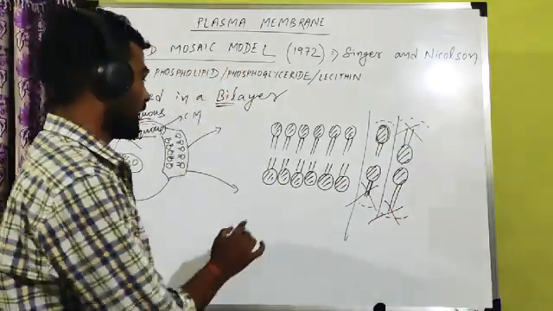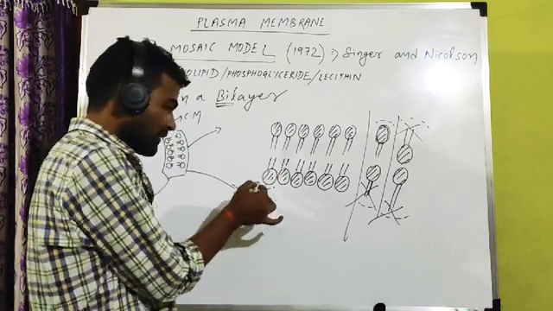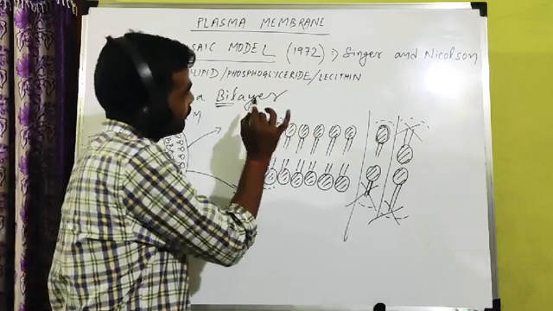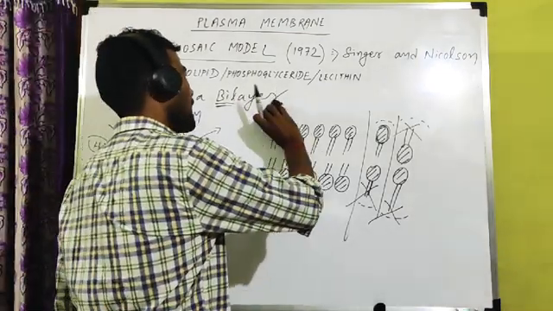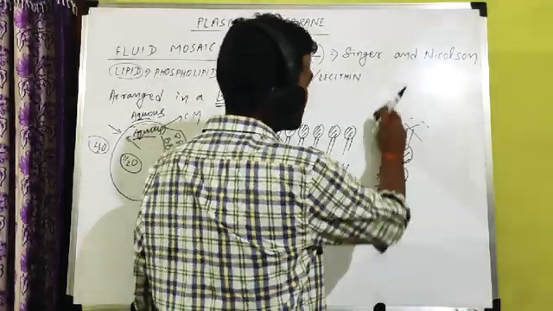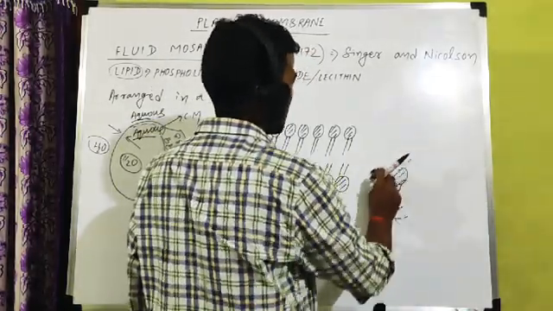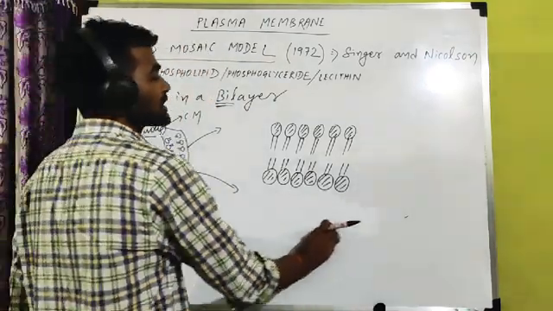So the only possibility, as both sides contain water, is that this hydrophilic head can react with this side water, and this hydrophilic head can react with this side water. So that's why the hydrophilic head is always exposed outside and the tail is protected from the aqueous environment.